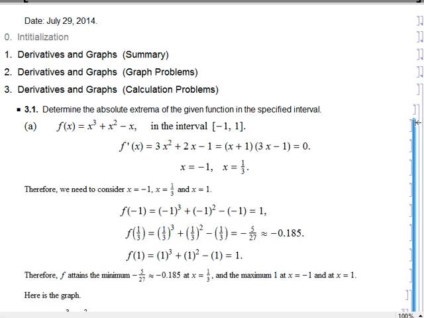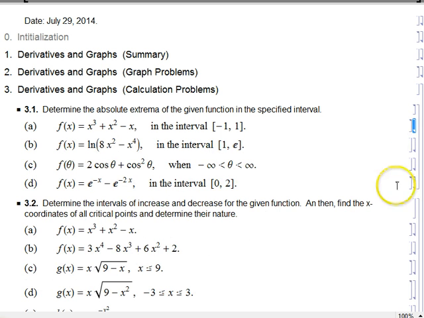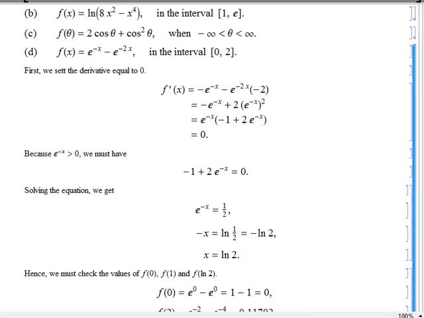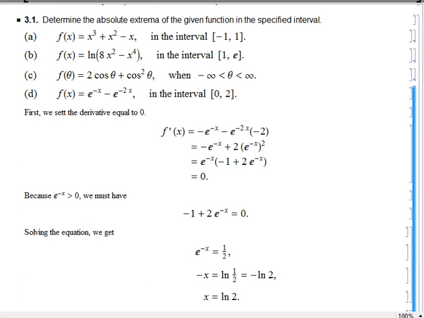If you have a little bit more complicated function, again you can use the same strategy. How about something like this? x equals 0, x equals 2. Those two are obvious candidates because you can have an absolute maximum or minimum at the endpoints. And then of course you have one or more points from taking the derivative and setting it equal to 0. And here's a way to solve a transcendental equation.